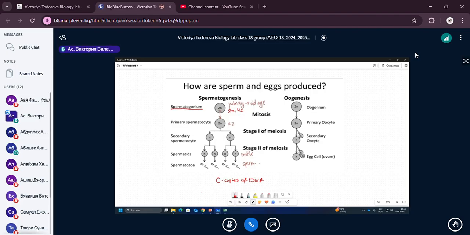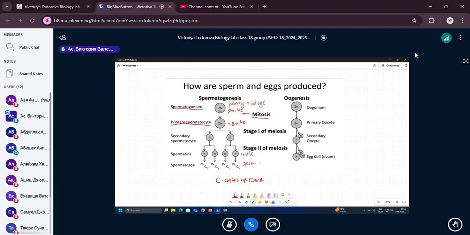After that, this diploid cell divides by mitosis, that's why it's written, and becomes a primary spermatocyte. Again, this primary spermatocyte is diploid, 2N, with 4 copies of DNA.